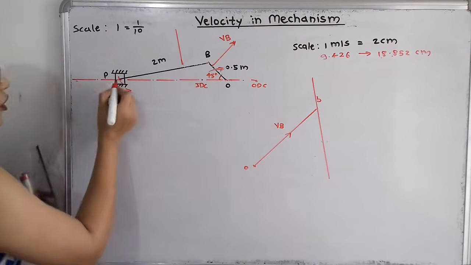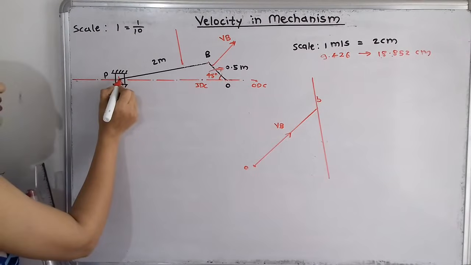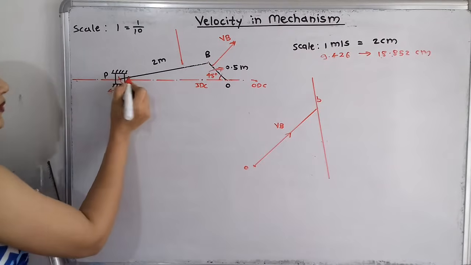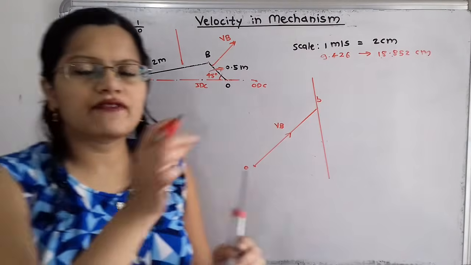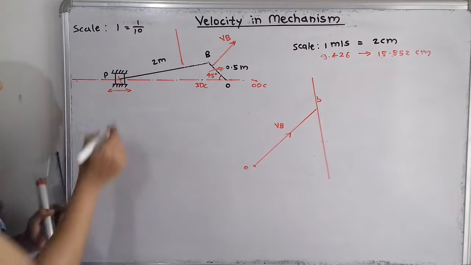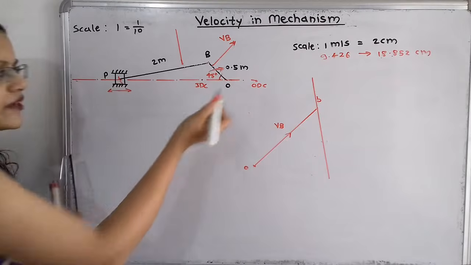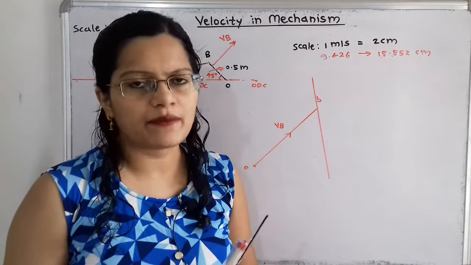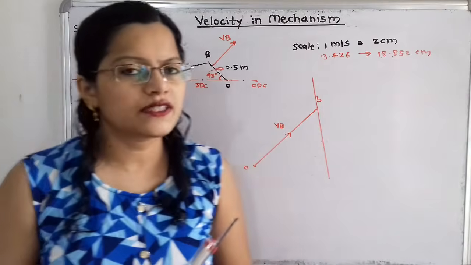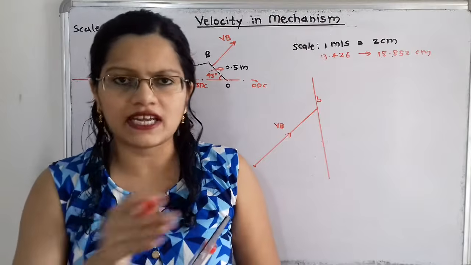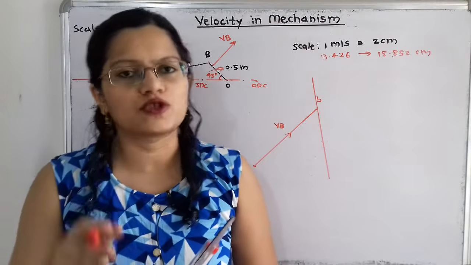Now if we observe at this end of the connecting rod, there is the piston attached, which has reciprocating motion along a horizontal line, and this horizontal line is passing through the fixed point O. So how to show this motion in the velocity diagram? Whenever there is reciprocating motion of a slider or piston, we have to show it as it is, in the direction of motion only.